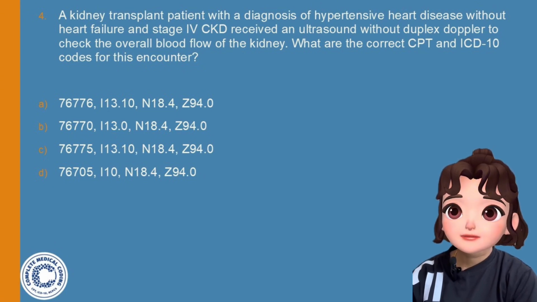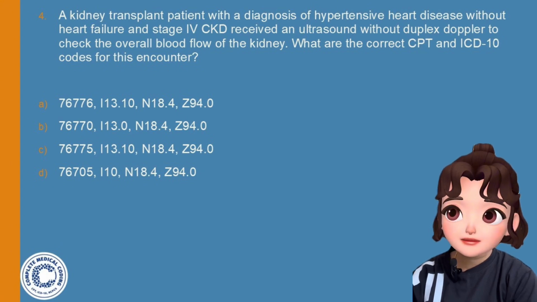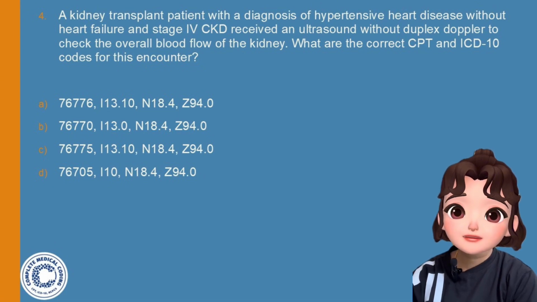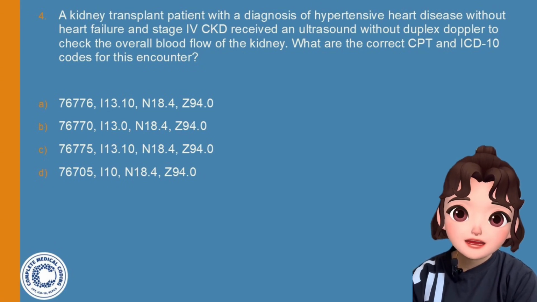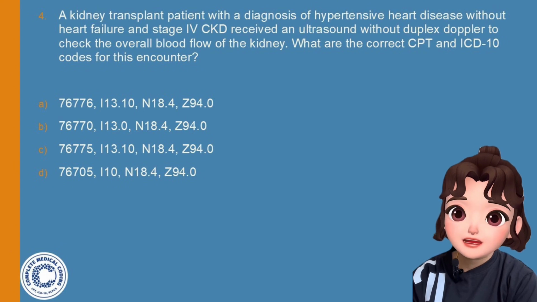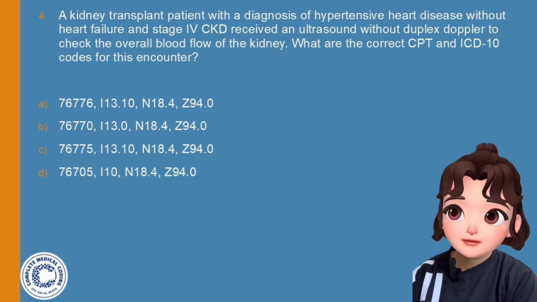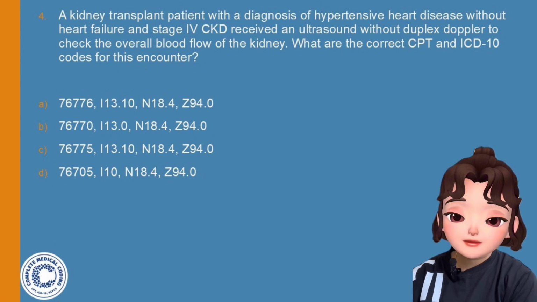So here, you can first go with the exact ICD code or else the CPT code, because if you check the options, in all the options there are 3 ICD codes. In that 2 ICD codes are common, N18.4 and Z94.0. These are common in all 4 options.